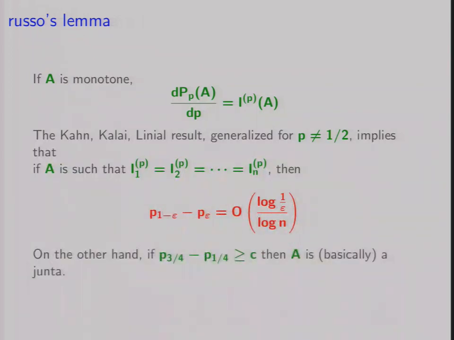Or you can come up with properties like this that are symmetric in the edges. So we have all these influences that are the same. No matter what such property you come up with, it will always have a sharp threshold. As you increase the probability, this change will be very sharp.